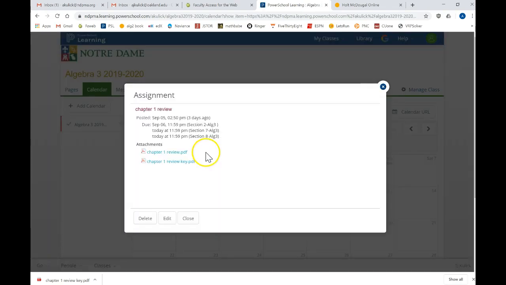And we log back in, you'll see that this morning I've added another attachment to this assignment, that being the key. So you can see the solutions there.